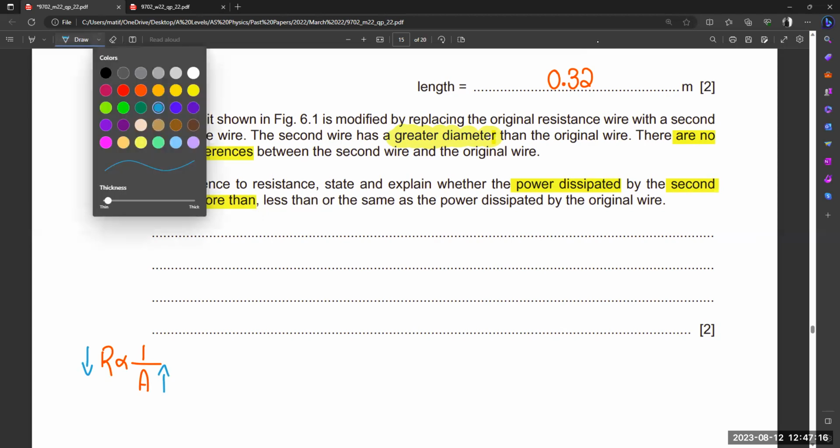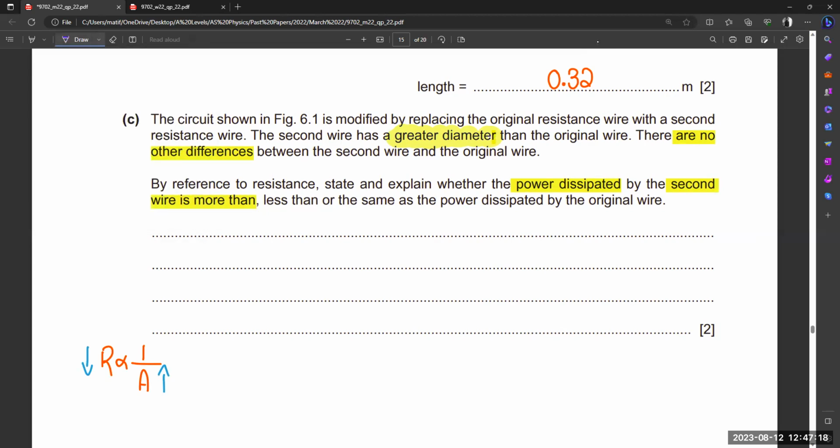So the first concept that you need to write is related to the resistance and cross-sectional area. So the larger cross-sectional area has less resistance, right? Increasing the diameter will decrease the resistance.